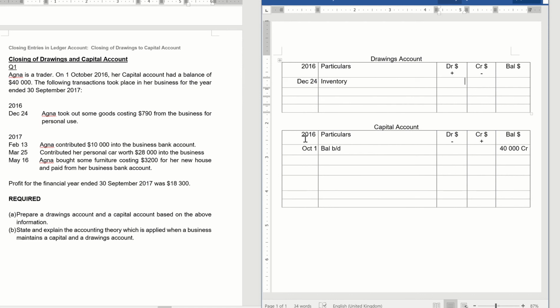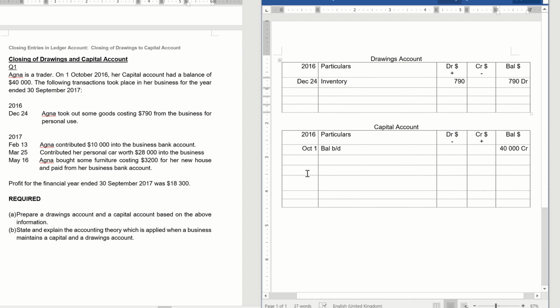So in your drawings account, please debit $790. So what is your balance at the end of the transaction? You will have $790 DR. We are not going to prepare an inventory account because the requirement only asks to prepare a drawings and capital account.